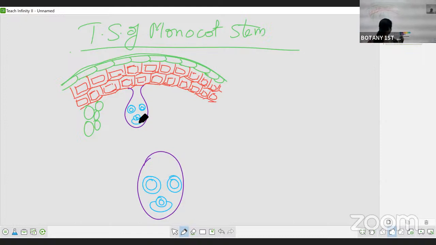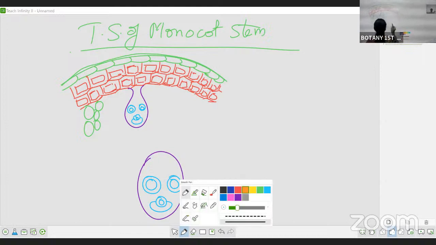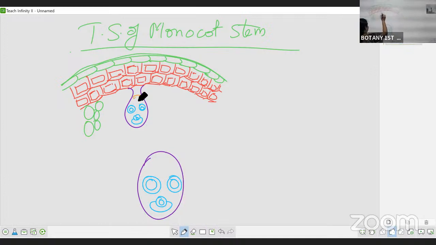Now comes the phloem. Phloem is always present in the yellow color. Okay, like this. Like this phloem.